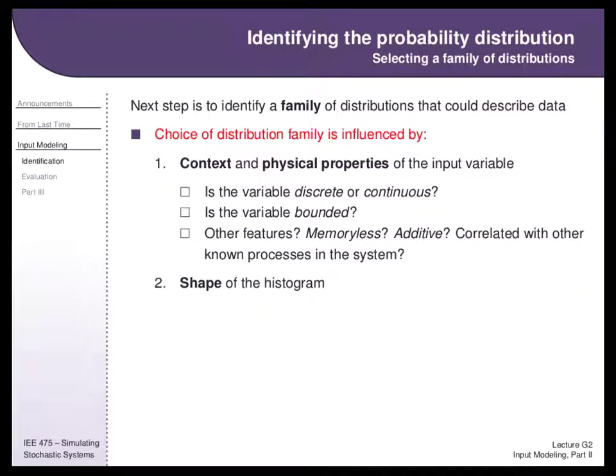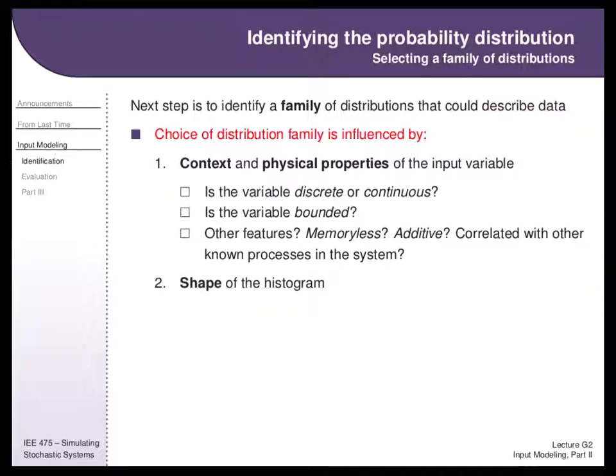So then after you've got these choices, maybe a bunch of possibilities, how do you refine that? You want to ask more about the context and physical properties. Is it discrete or continuous? That's always the first question to ask. If it's continuous, is it bounded? You've noticed the exponential never goes negative, but the normal does.